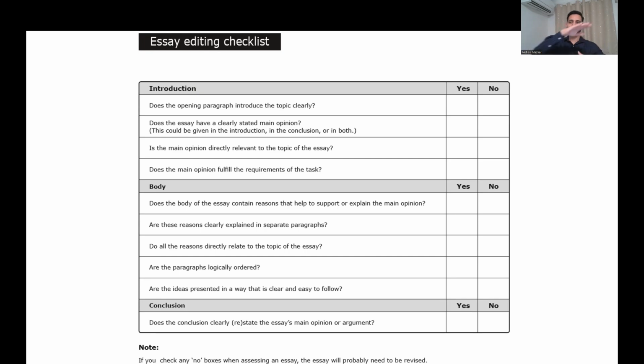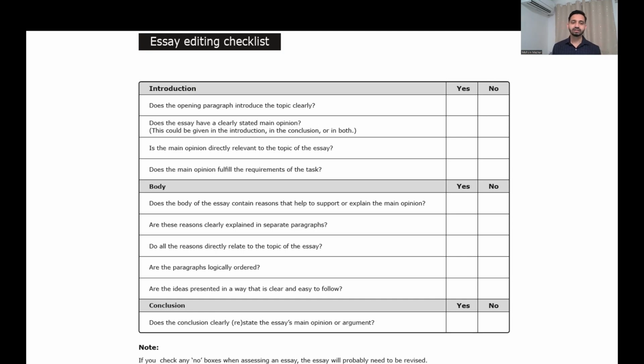It shouldn't be the other way around, that you're saying that governments have the responsibility, and then you're writing schools and individuals have responsibility. That doesn't make sense. So you can say government has responsibility, and then you can say schools and individuals have responsibility as well. When you're using as well or too or also, they should logically have a connection between them, right? So look for the order as well, logical order.